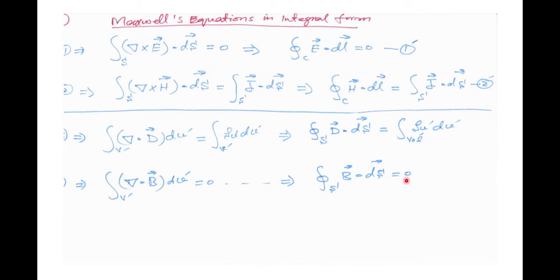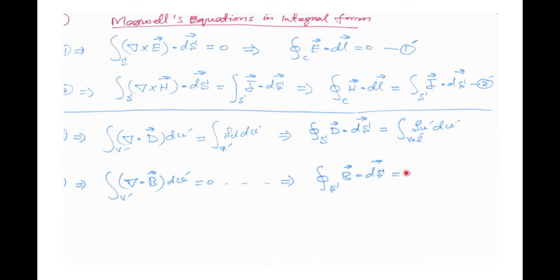This equation actually represents that there exists no single magnetic charge as in the case of electrostatic field, where we have positive or negative charge which we can easily separate from each other. But in this case we cannot separate the north pole from the south pole, or the south pole from the north pole.